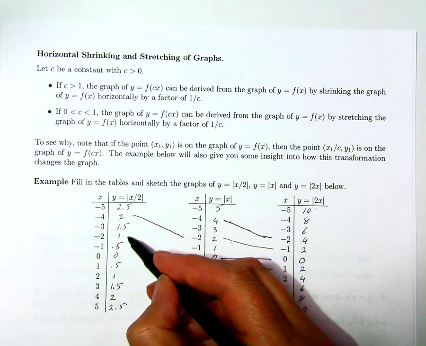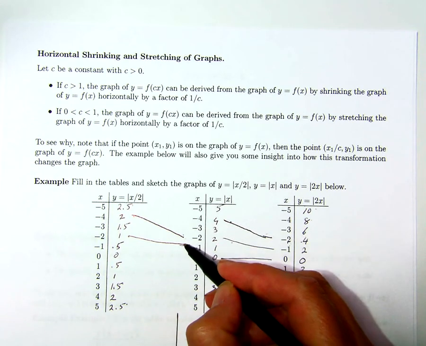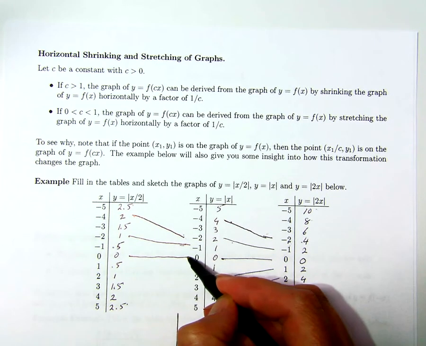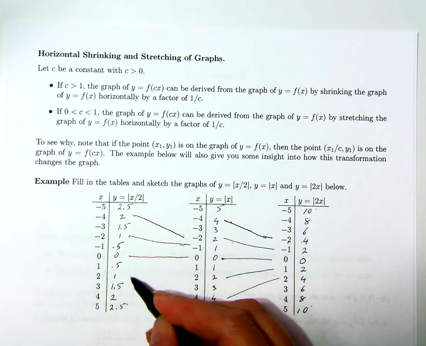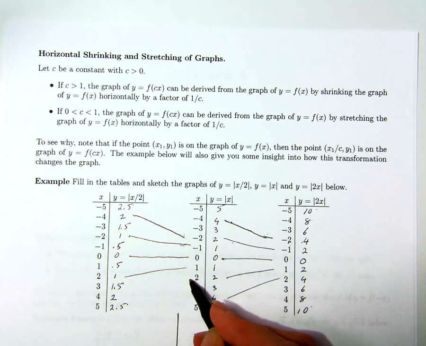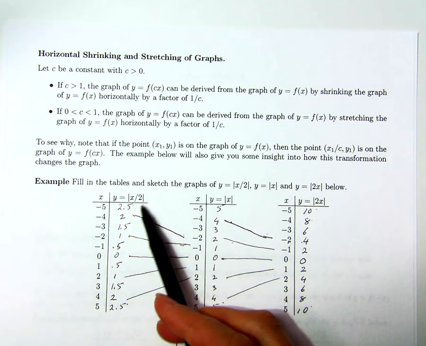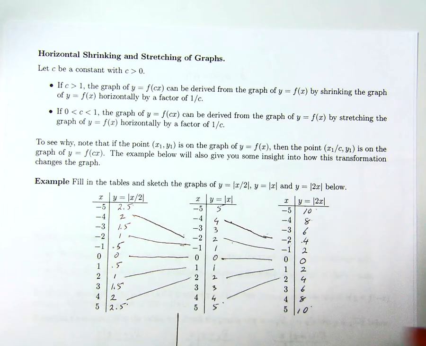And likewise, this one with y value equal 1 is double the distance. Here the distance from the y-axis is doubled, doubled, and doubled. So this is what we mean by stretching or shrinking horizontally.